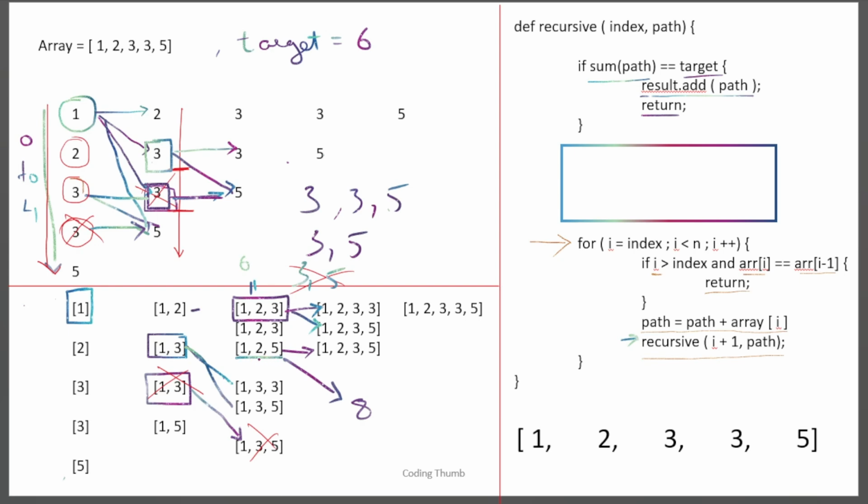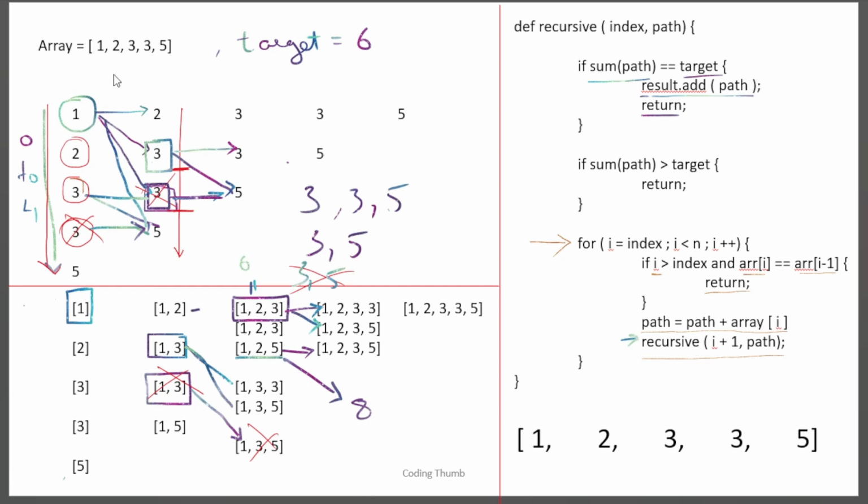That's the second condition, where without adding this path to the result, we just return back from there. Taking these two conditions and this one condition here, we will be able to get all the paths that correctly add up to our target. And remember, whatever is the question given, we first need to sort it.